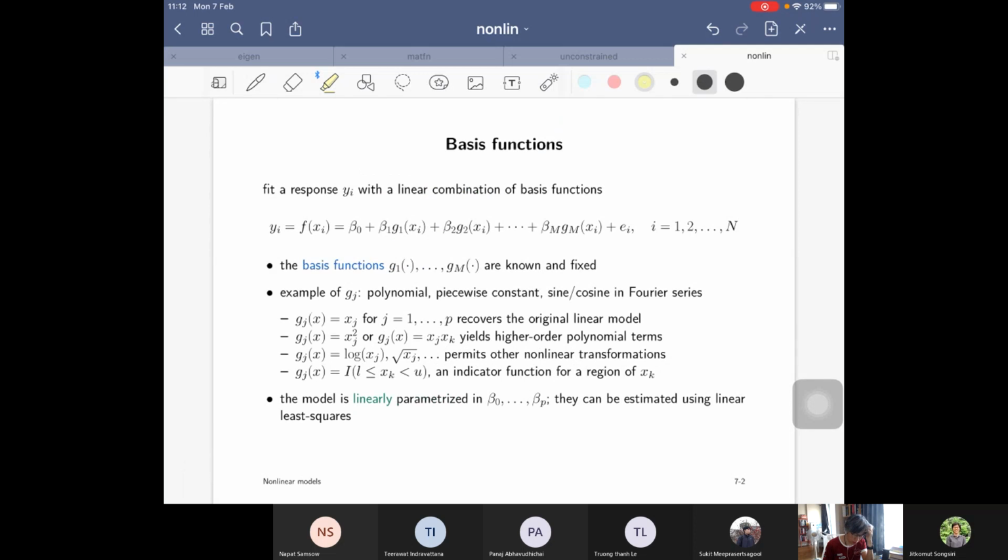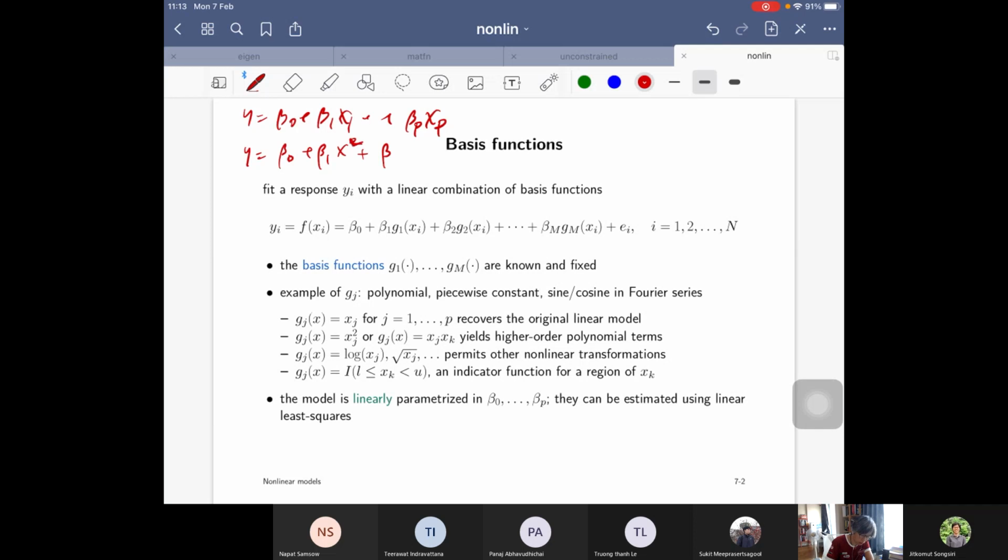So first, let's think about how you want to represent y as a function of x. In linear regression, we see this linear representation, right, where y is a linear combination of the predictors. And a lot of times, we also talk about the extension that, suppose you have only one predictor, just one x, you can also consider a polynomial function in x, right?